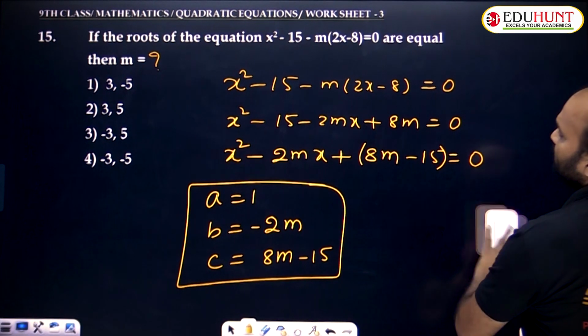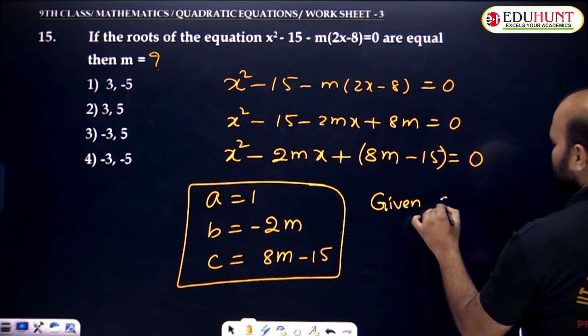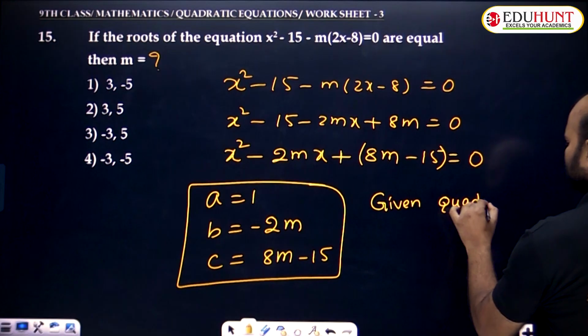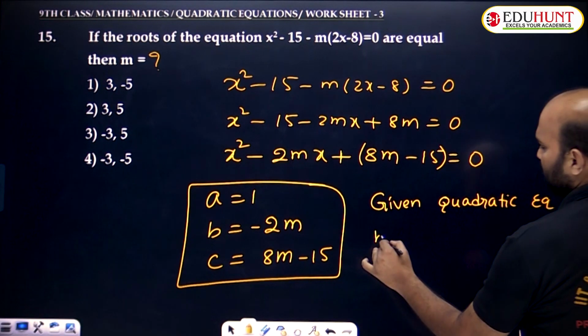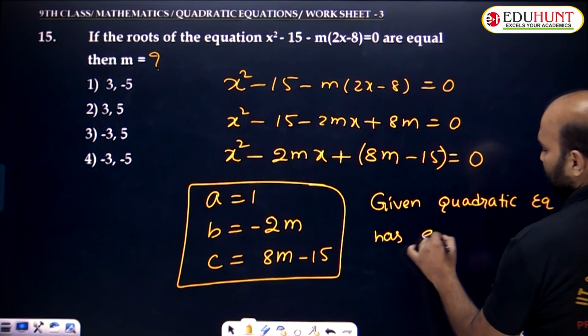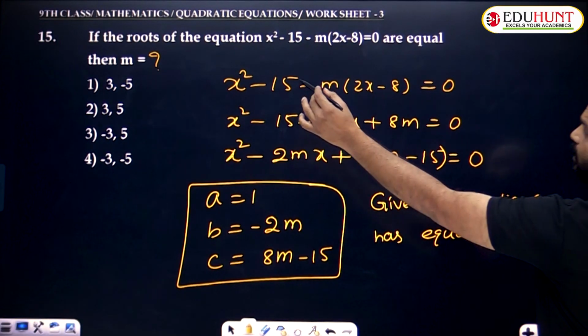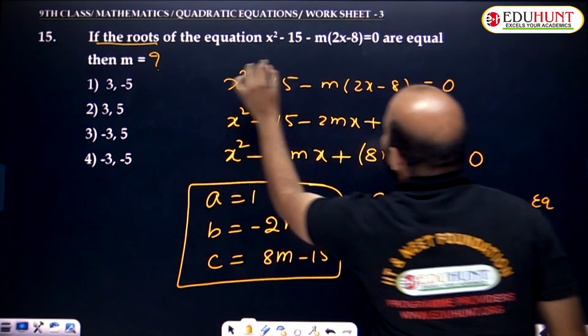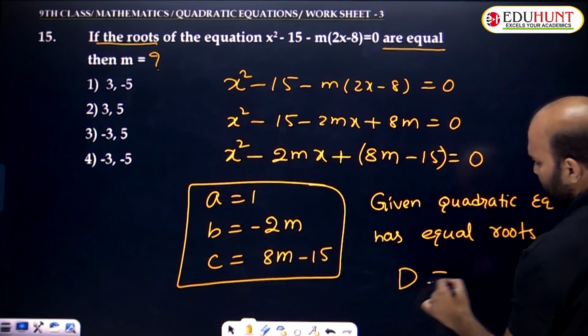So what am I given? The given quadratic equation has equal roots, nothing but the discriminant equals 0.